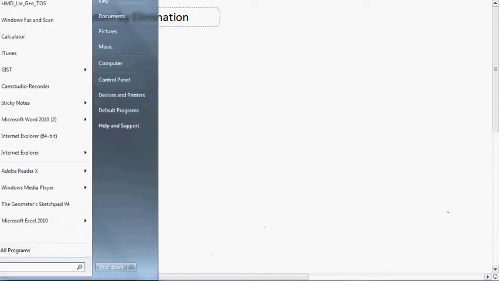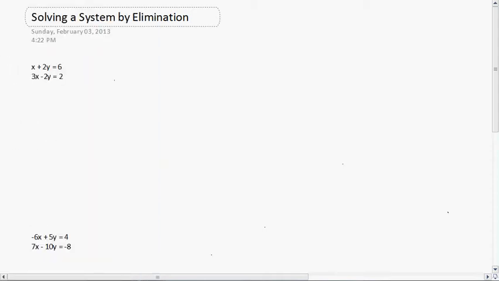We're going to take a look at 3 different systems and solve them each by elimination.